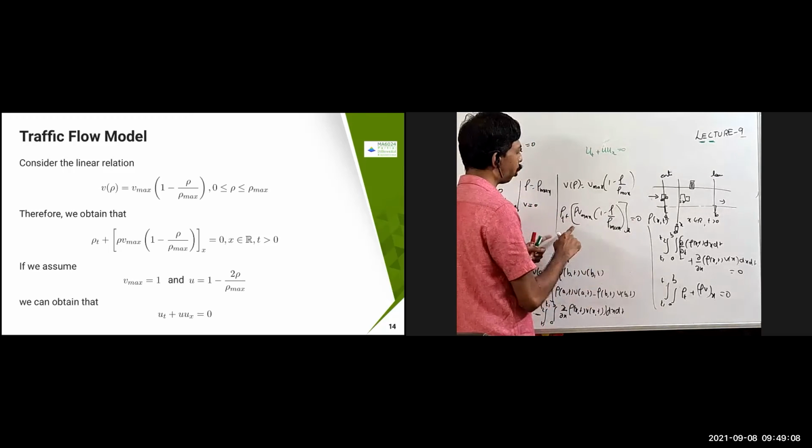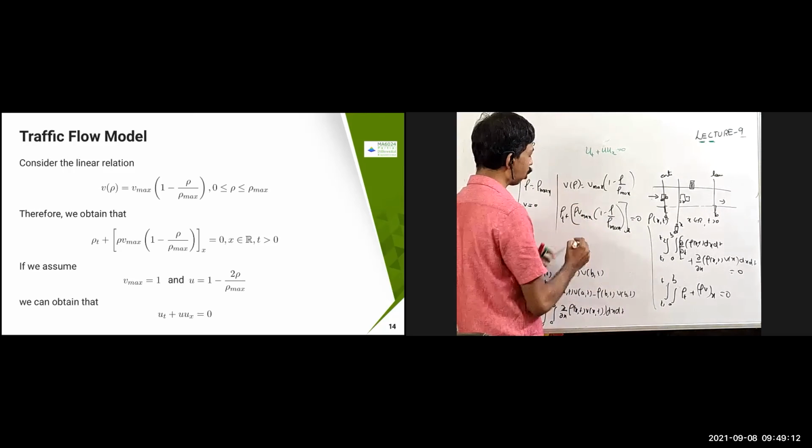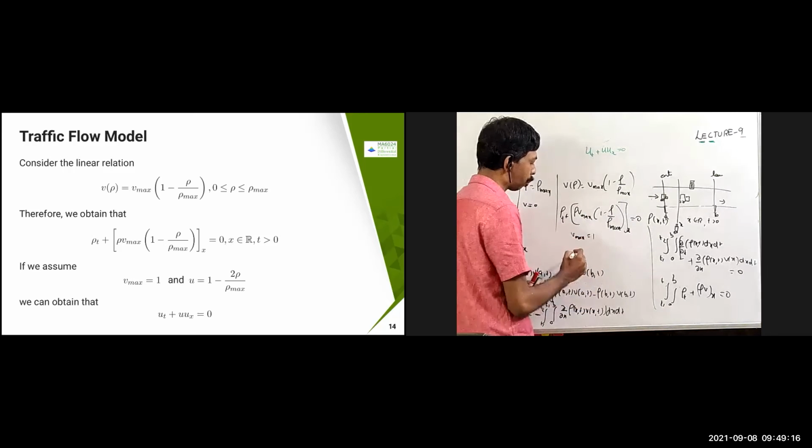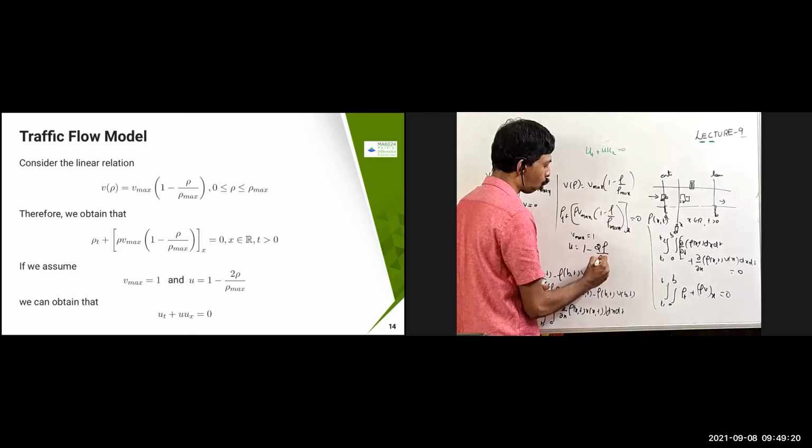So in this case I'm going to take V max equal to 1, and I'm going to take U equal to 1 minus 2 rho by rho max.